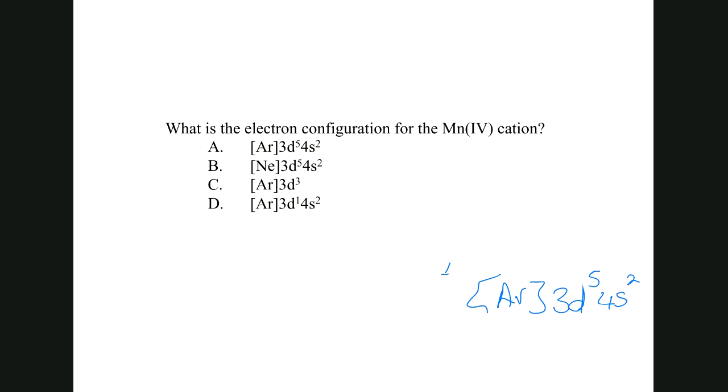So if we lose 4 electrons, the first ones will come from the 4s. This is very interesting. We lose 2 there, and then we will lose 2 from the d's, right? So 5 minus 2 equals 3. So the correct answer would be C, Ar 3d3.